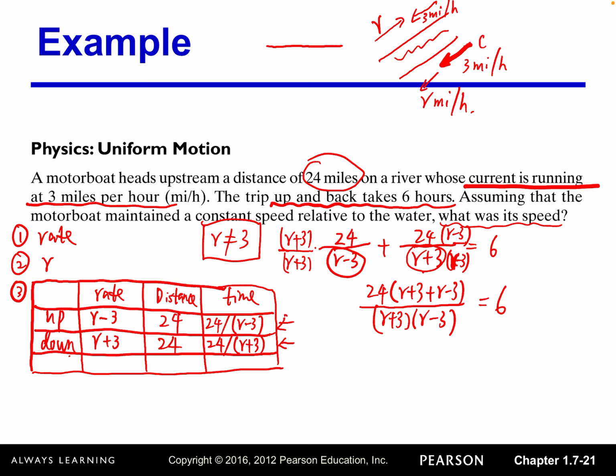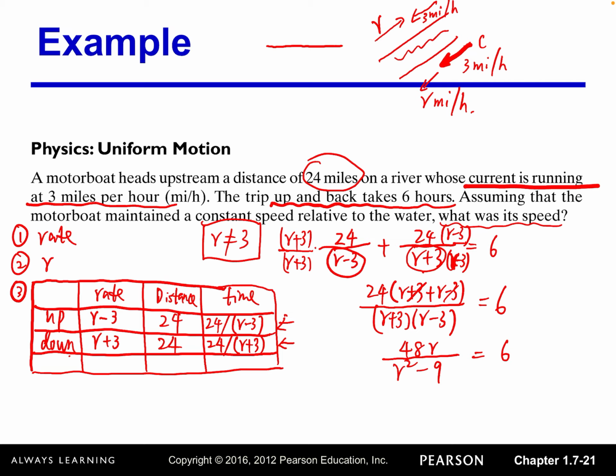Okay, and then we can further simplify. You notice plus 3 minus 3 cancel. So the numerator is just 2r times 24, which is 48r. The denominator is r squared minus 9, right? The two conjugates multiply: first term squared minus last term squared. That equals 6. Right?